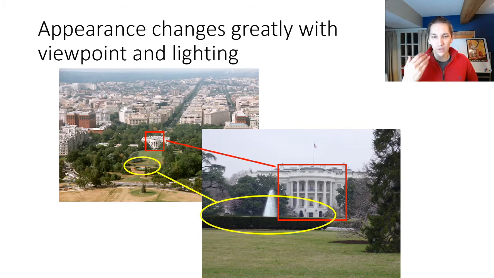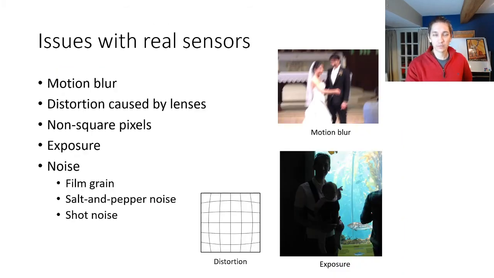But if you want to, for example, be really reliable at recognizing an object, you have to be able to develop algorithms that will be tolerant to these changes of the viewpoint as well as lighting conditions. There's other issues that we have to deal with real sensors, especially when we're dealing with images taken from robots, because oftentimes when we're talking about computer vision, you're taking pictures that people have selected based off of photographic intuition.